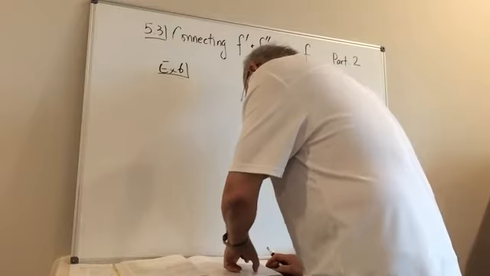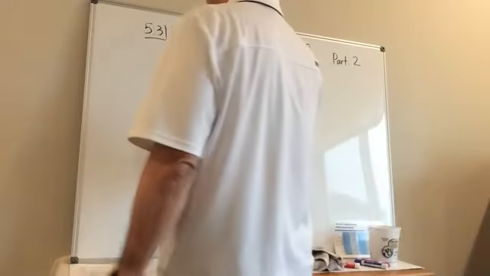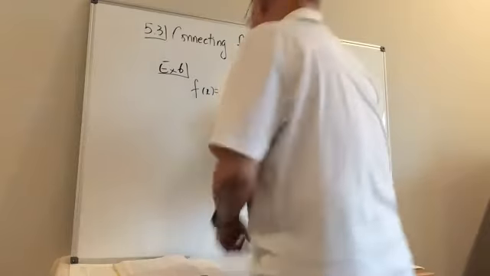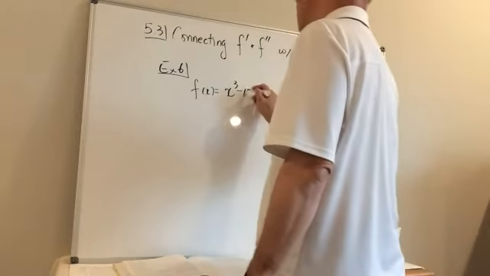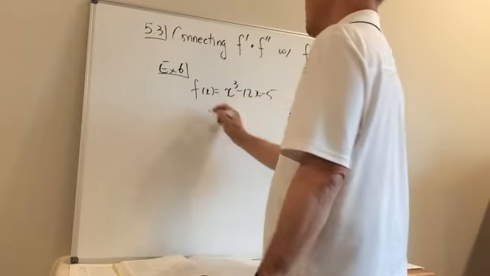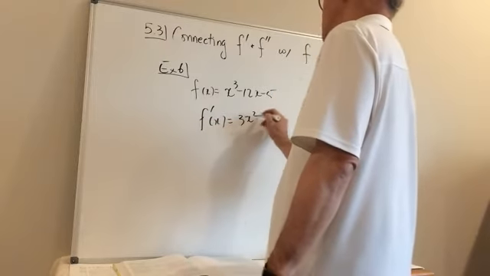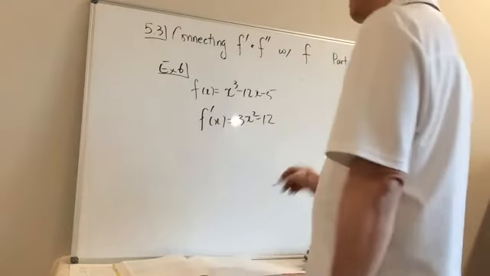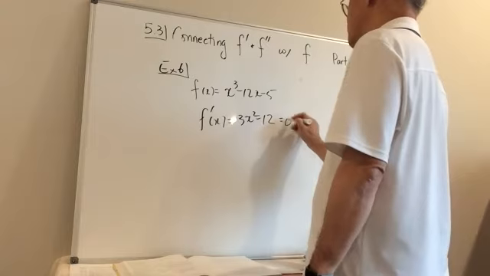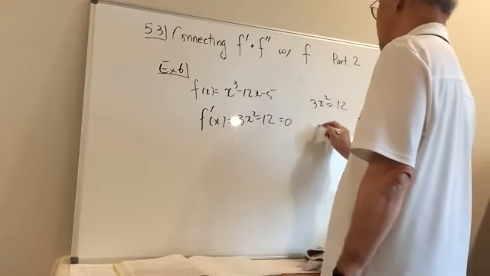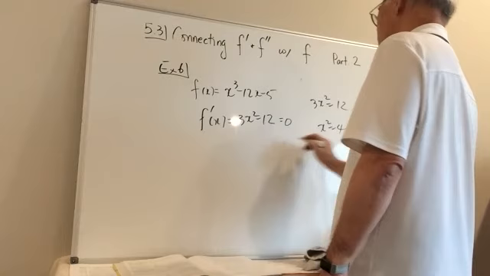Finding local extreme values of f of x equals x cubed minus 12x, the same function that we had before. So f prime of x, again, is going to be equal to 3x squared minus 12, which means that if I set this equal to 0, I get 3x squared equals 12, x squared equals 4.